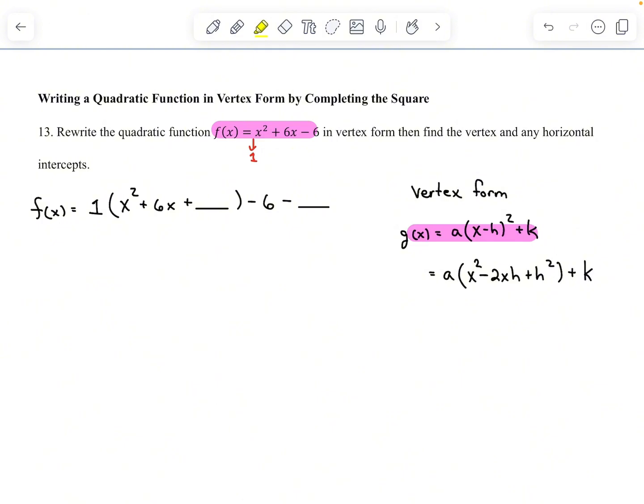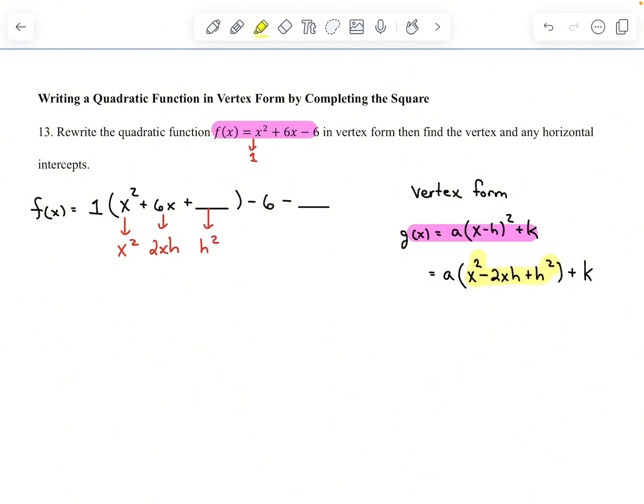If you expand x minus h all squared, the result is x squared minus 2xh plus h squared. Going back to the original equation, this means that x squared, well, that's the x squared term. The 6x will be the 2xh term, and the number that goes in the blank will be the h squared term.